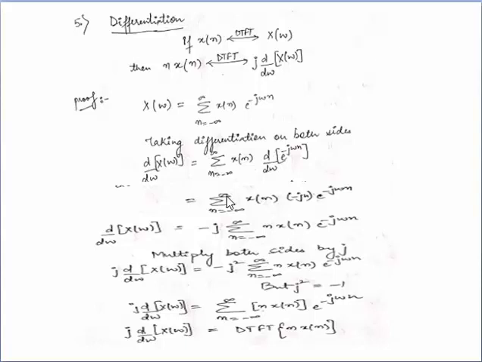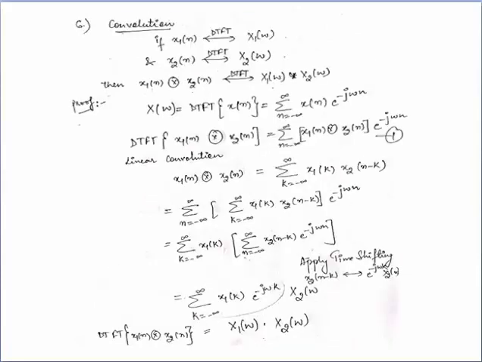Therefore j into d by d omega X of omega is equal to minus j square summation n tends to minus infinity to infinity n x of n e raised to power minus j omega n, but j square is equal to minus 1, so minus 1 into minus 1 turns to plus, so it becomes summation n tends to minus infinity to infinity n x of n e raised to power minus j omega n. Therefore it is a DTFT of n into x of n, that is equal to j d by d omega of X of omega.